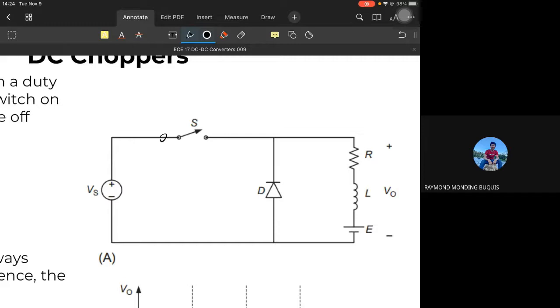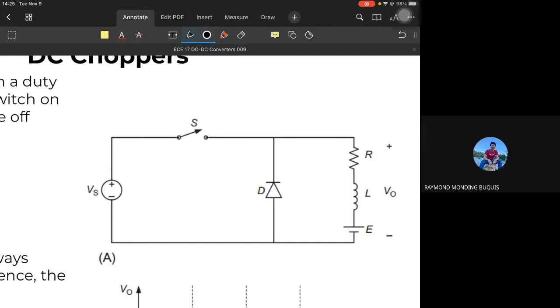We could connect here a thyristor, SCR, or a BJT or a power MOSFET. Okay, so that's it. This switch here only simplifies the circuit. It hides the actual power electronic device.